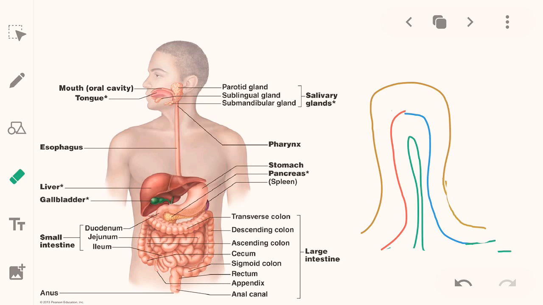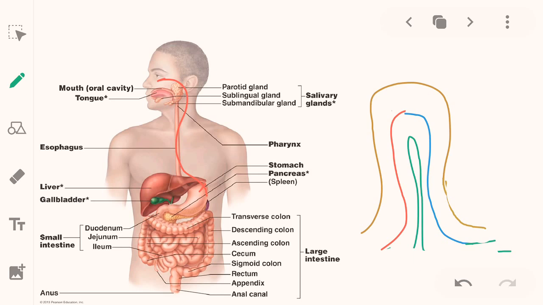From the mouth, the food is taken into the stomach. See here, from the mouth, the food enters the stomach. The stomach is a large organ which expands when food enters it. The muscular walls of the stomach help in mixing the food thoroughly with more digestive enzymes.